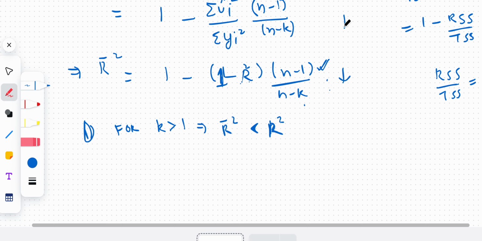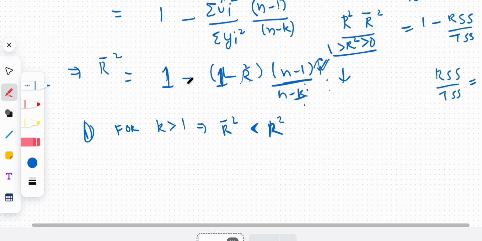Right? See, R square and adjusted R square, all of them are between 0 and 1 only. Because this is a square, it's always between 0 and 1 only, so that's not my confusion. In this case, it will be a simple general conclusion. This is greater than 1, so this will become greater.